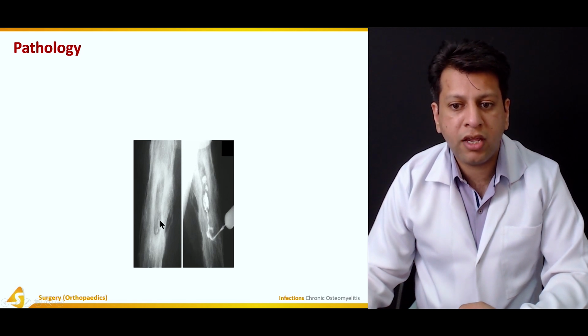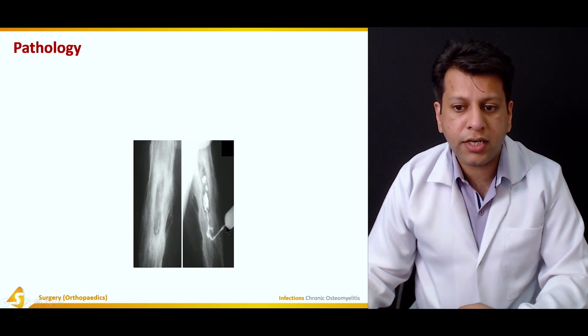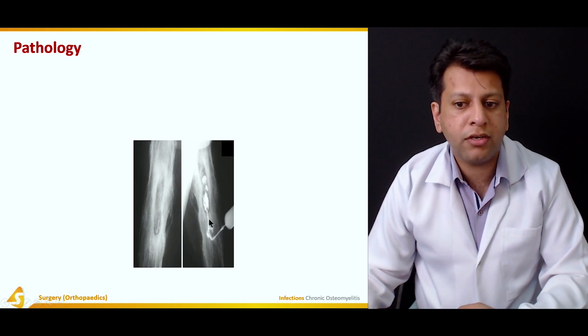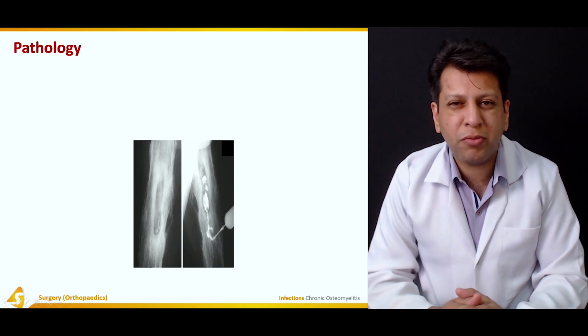This is probably the intramedullary cavity, but over here I cannot appreciate any intramedullary cavity. Now they are injecting a dye through the sinus and it's going right over there and eventually spreading into the intramedullary cavity. So it's a kind of classical picture of osteomyelitis.